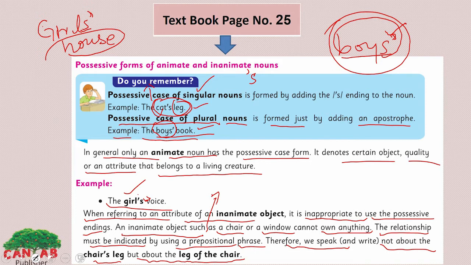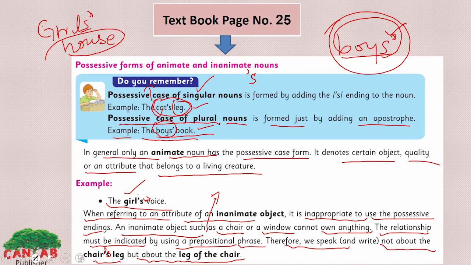So here, with inanimate objects, we will not just put the apostrophe and s to show the possession between the chair and the leg, or the ownership, because inanimate things or nouns don't have any possession or ownership, because they are inanimate. They are not living beings. Only living beings have ownership and possession.